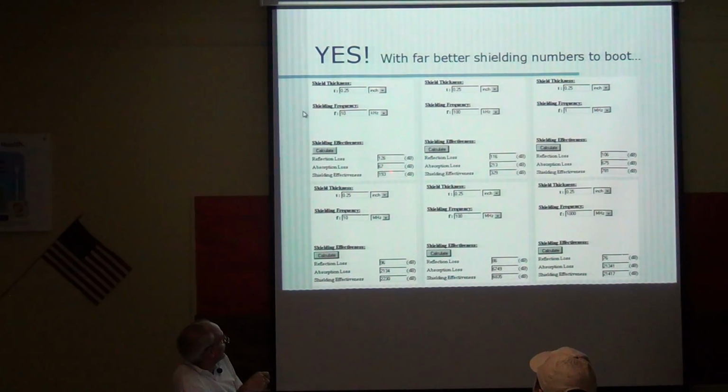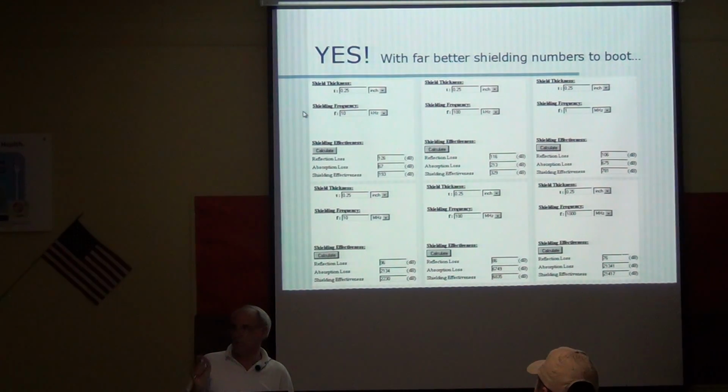We've got 193 dB of shielding at 10 kilohertz. You've got 320 at 100 kilohertz. As you start moving up in frequency, you get into some fantastic shielding effectiveness with 1/4 of an inch aluminum. And aluminum's pretty cheap.